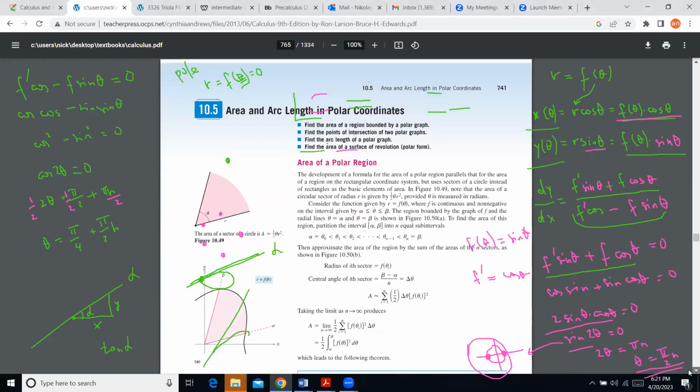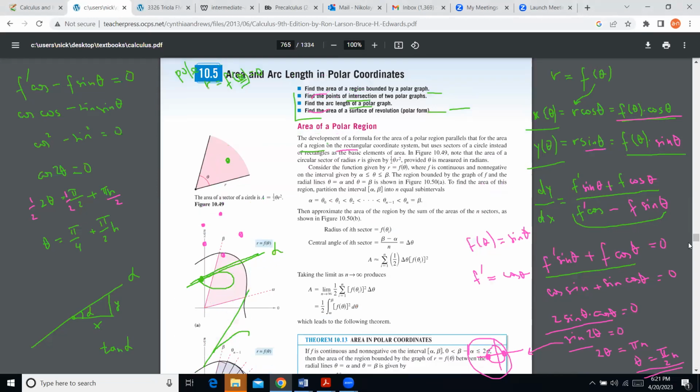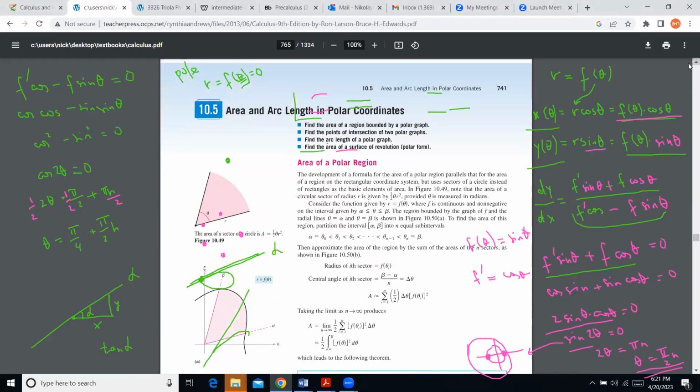And I want to add one more thing. I don't want to talk tonight about the entire next section, just to give you a little bit of intuition into the next step that we will see here in finding the areas.